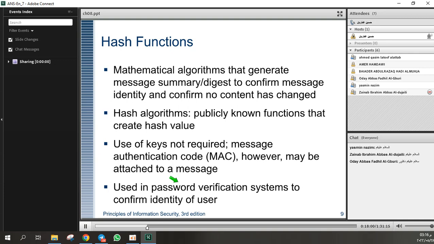The first time, when you create your password in Windows, it creates a hash for you. Next time when you enter your password again, it creates a new hash, and then the result of the hash is compared with the result stored in Windows.